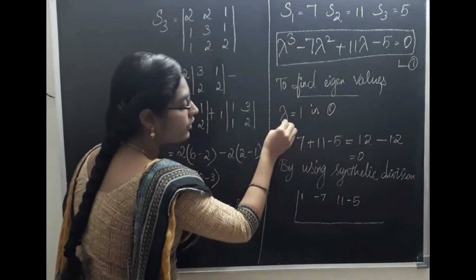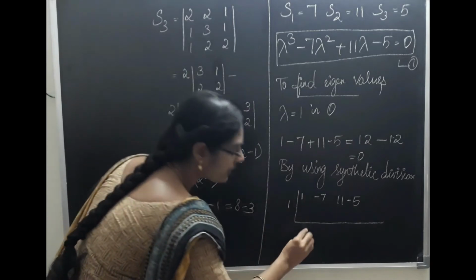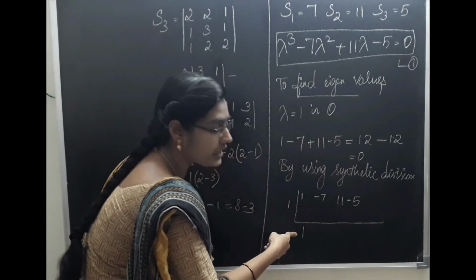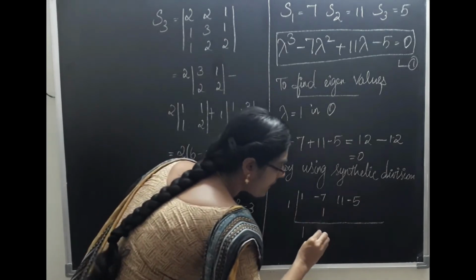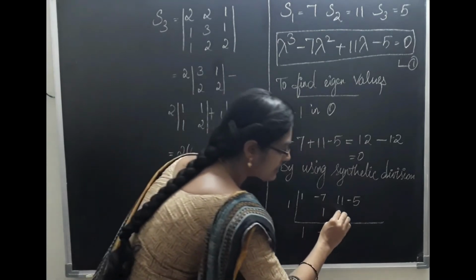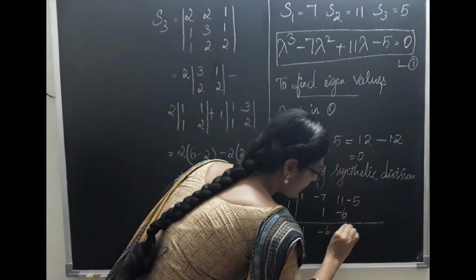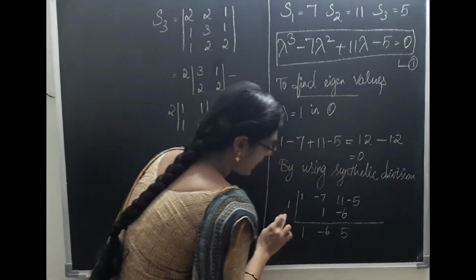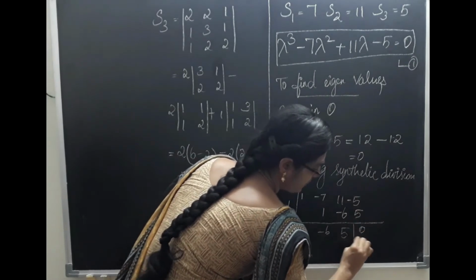Now we are going to divide this equation by the value 1. Bring down 1. 1 into 1 is 1. Minus 7 plus 1 is minus 6. 1 into minus 6 is minus 6. 11 minus 6 is 5. And 1 into 5 is 5. So we will get 0.